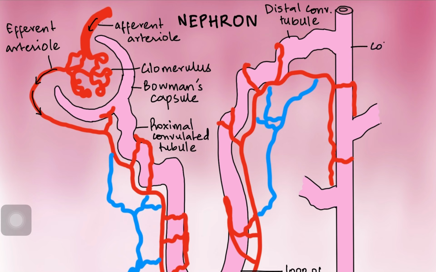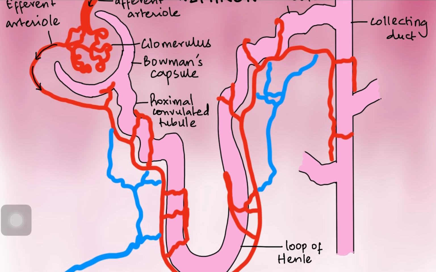Proximal means closer to the Bowman's capsule, distal means away. And then finally you have the collecting duct, which carries the final urine. There are blood capillaries all around the nephron tubes, and these capillaries are known as the peritubular capillaries. It's very important to have these blood capillaries around the nephron, as we'll talk about.